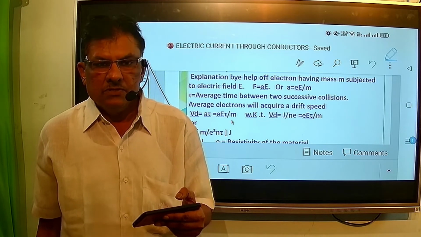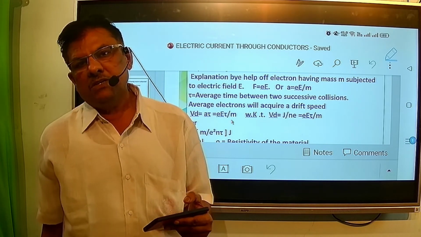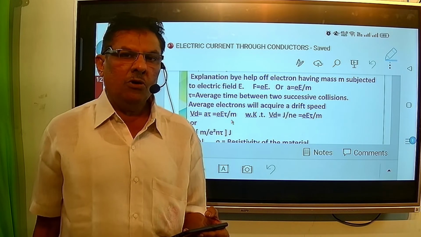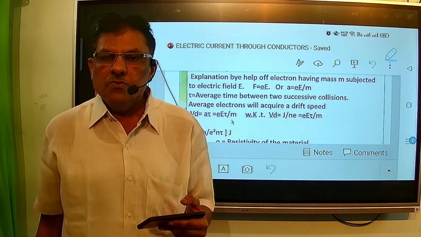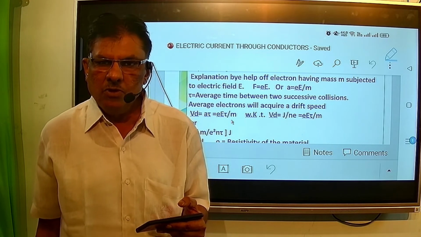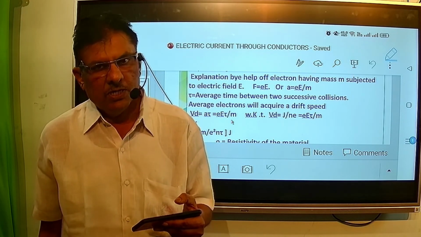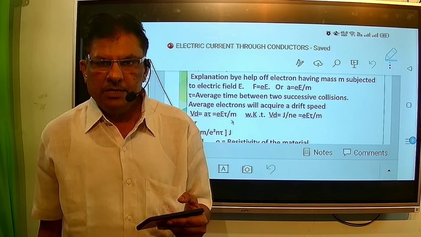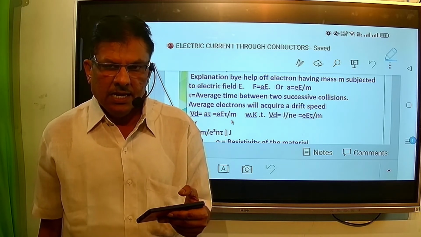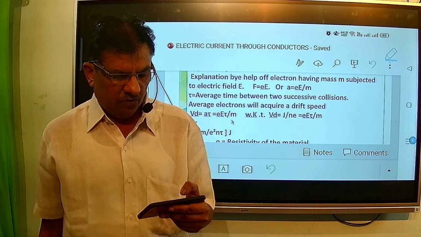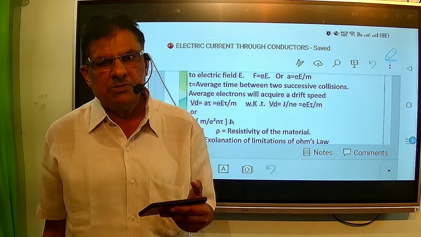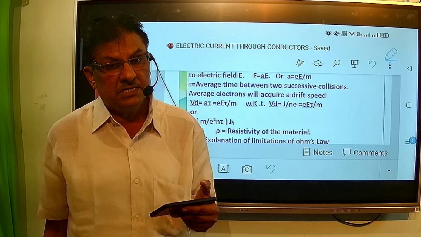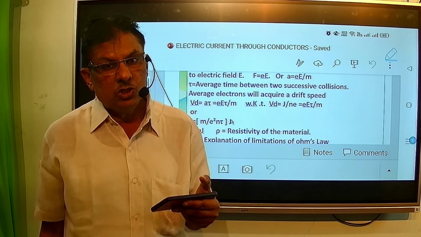Now what is drift velocity? We know the basic formula of velocity is distance upon time. We also know that acceleration is velocity upon time. So here I am using the equation for Vd, that is acceleration into the time between two collisions, and that time is taken as tau.